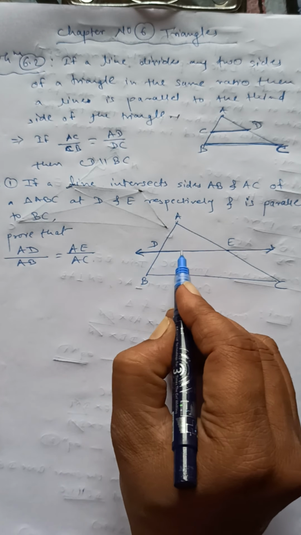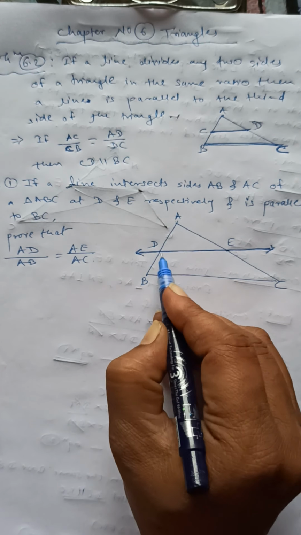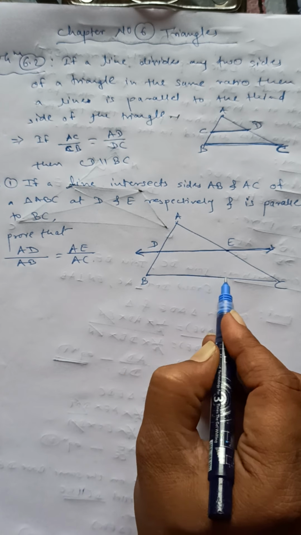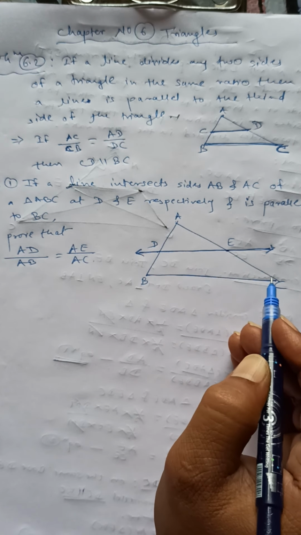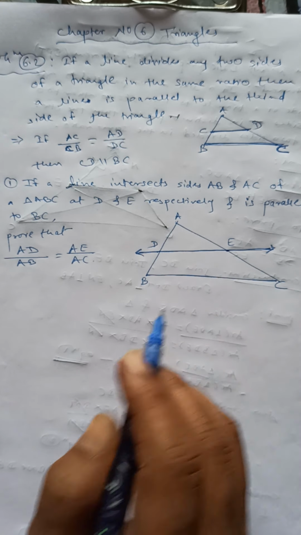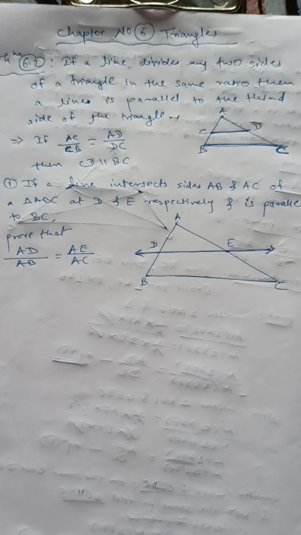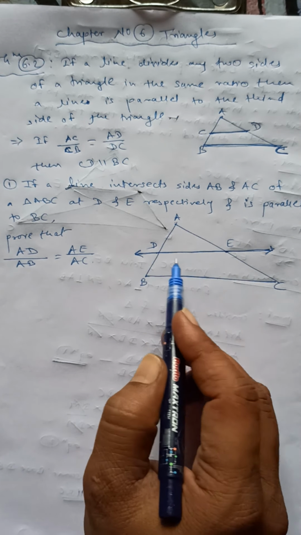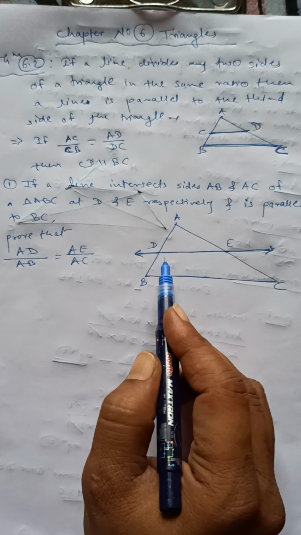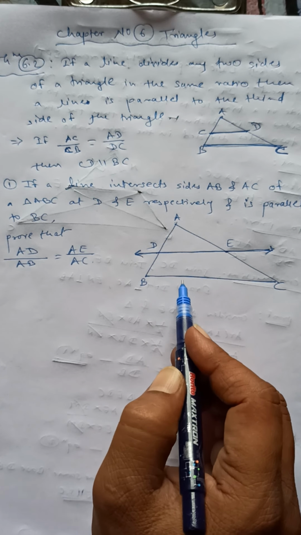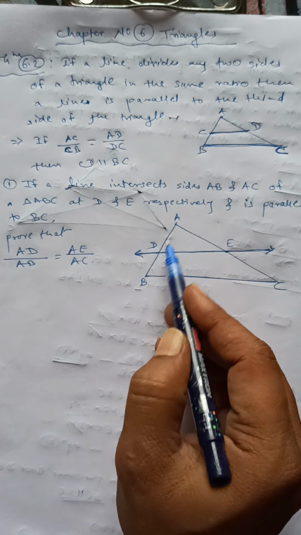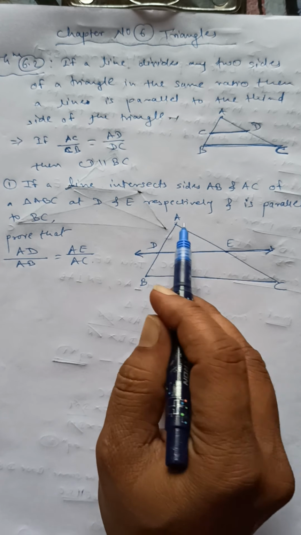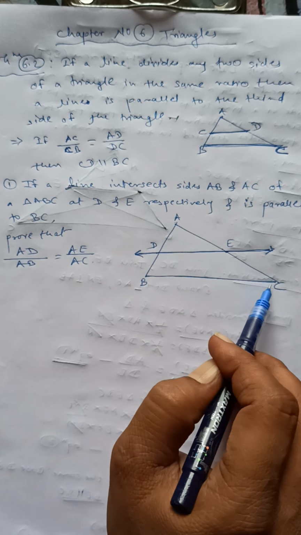So suppose this line is DE, this line is parallel to BC. So the line which divides the sides AB and AC at points D and E is parallel to BC. Then we have to prove that AD upon AB is equal to AE upon AC.